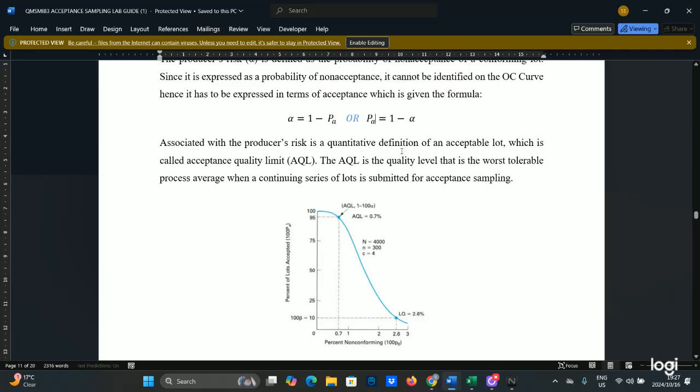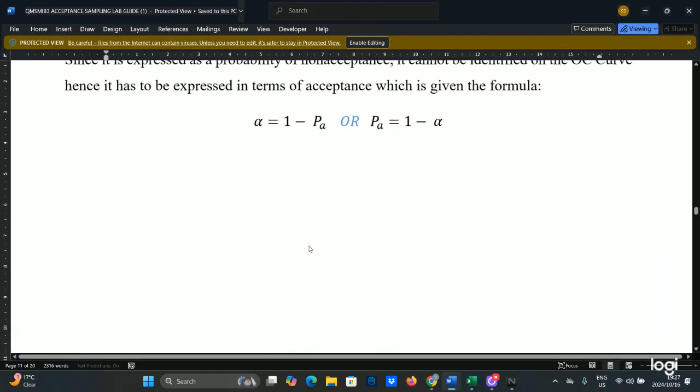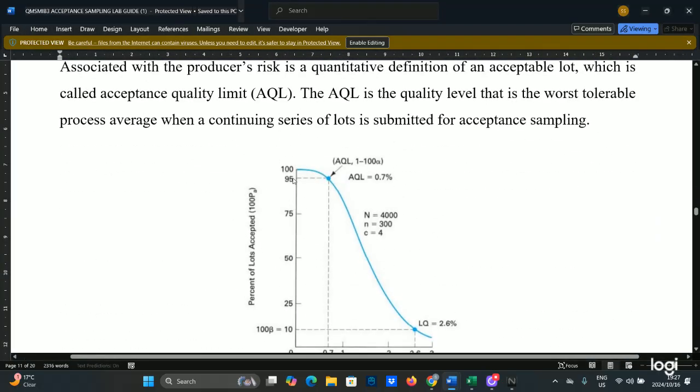The producer's risk is associated with what we call an AQL, which is the lowest tolerable process average for a continuing series, or the lowest quality that you can accept. If you use this graph, the probability of acceptance becomes 95%.